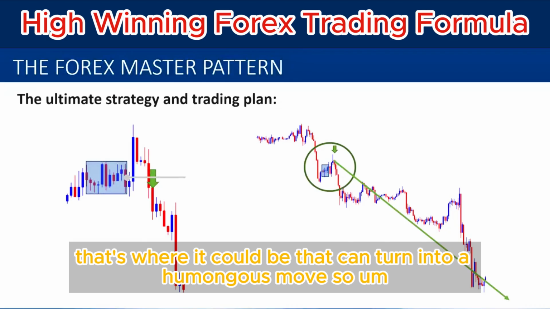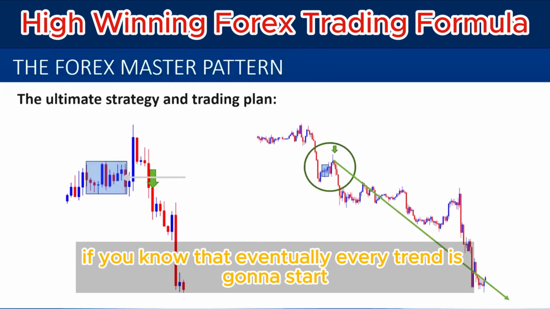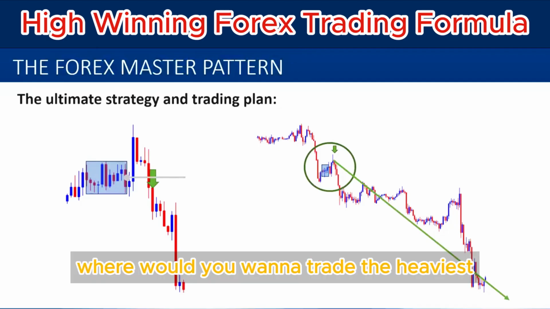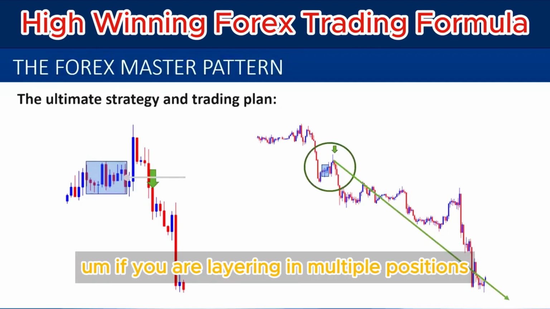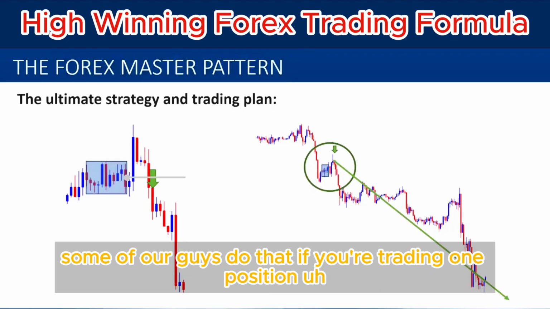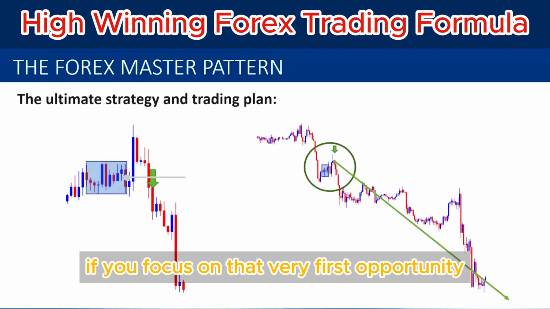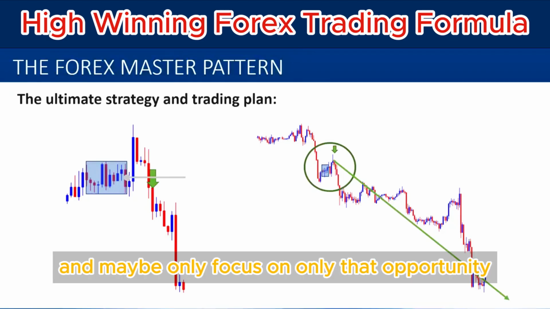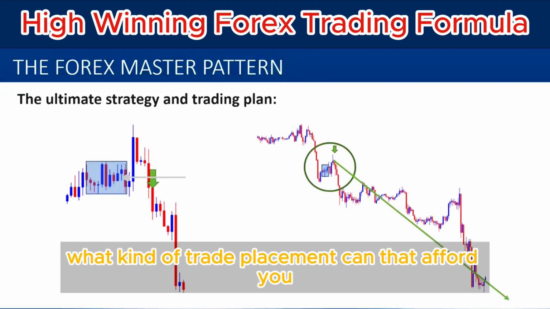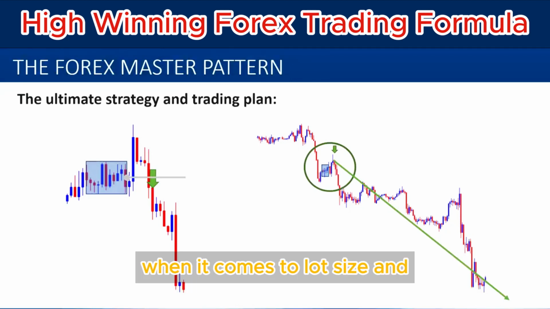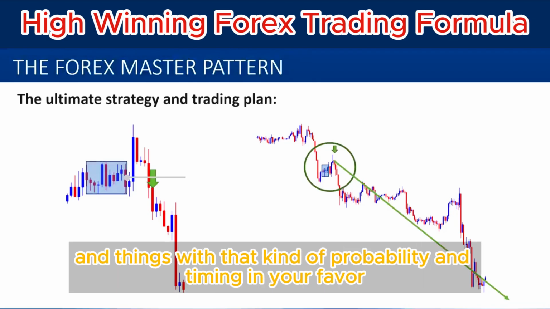So if you know that eventually every trend is going to start, where would you want to trade the heaviest? If you are layering in multiple positions, some of our guys do that. If you're trading one position, and you focus on only that very first opportunity, what kind of trade placement can that afford you when it comes to lot size, with that kind of probability and timing in your favor?